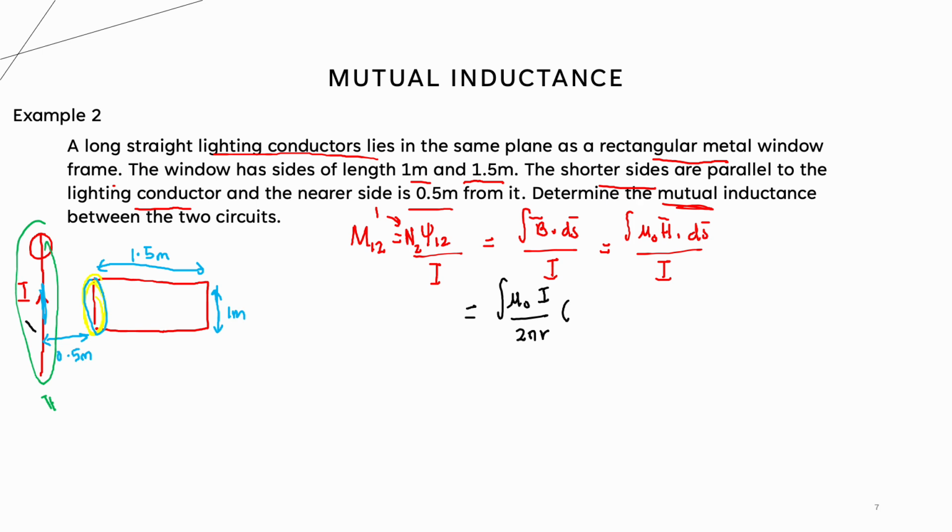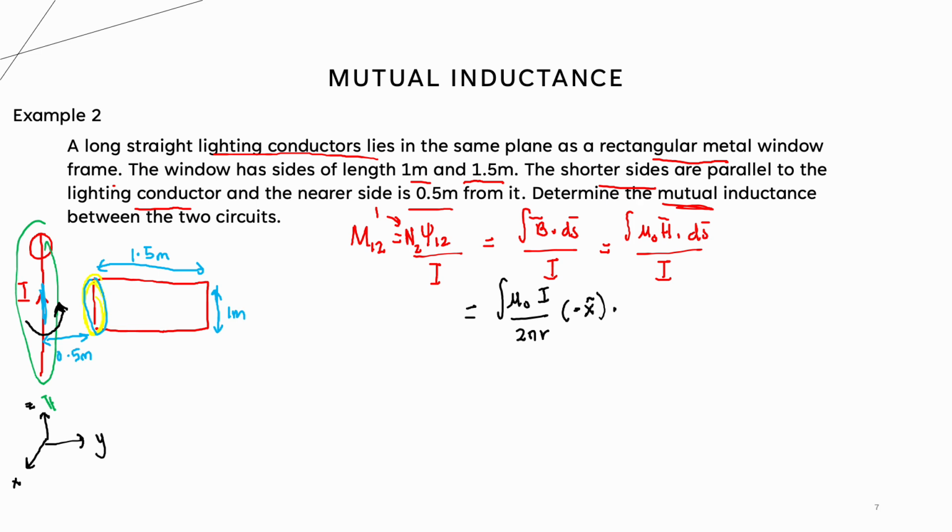If we use the right hand rule, the direction of H is going backward, so it's going to be in the negative x direction. If we assume this is the z direction, this is the x direction, and this is our y direction, it's going backward, so it's the negative x direction.